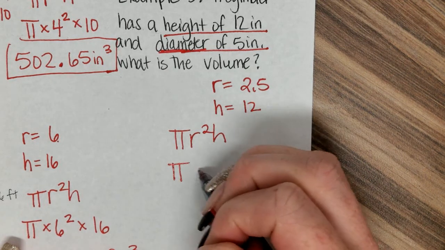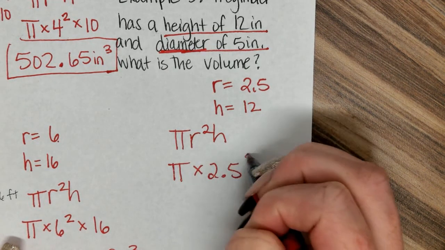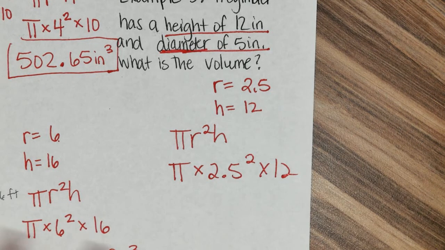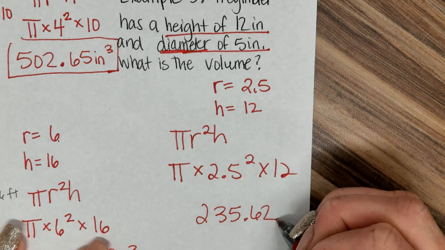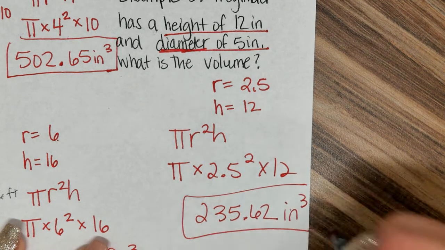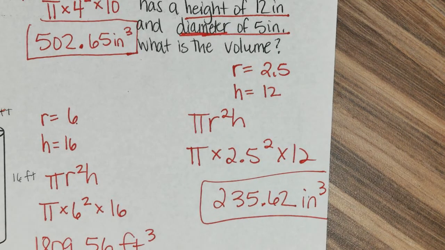So I'm going to do pi times 2.5 squared times 12. Check it with mine, and then once you're done, open your Chromebook and I'll post the assignment.